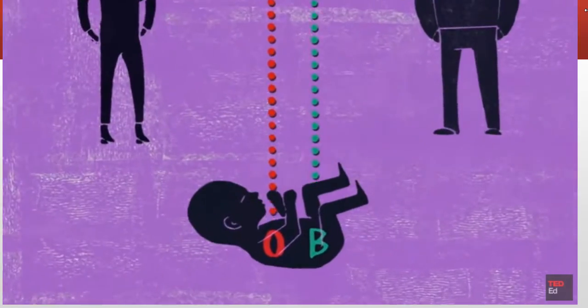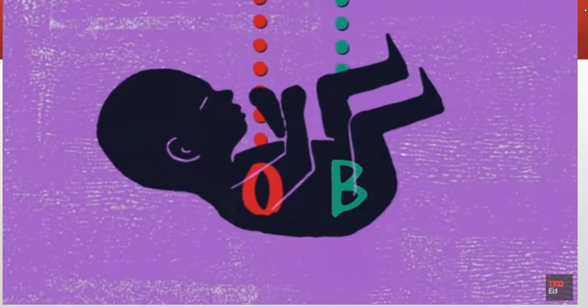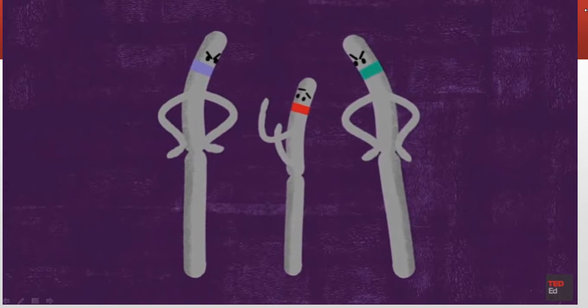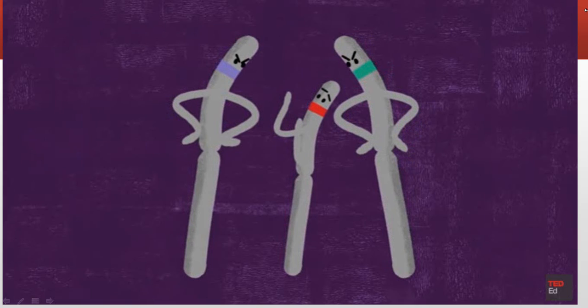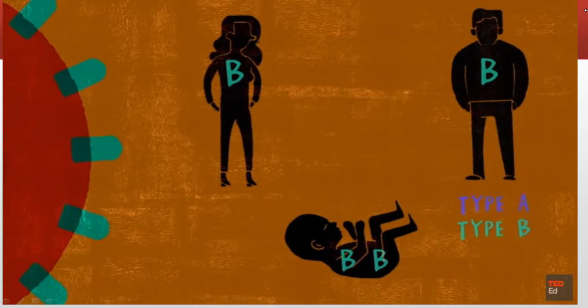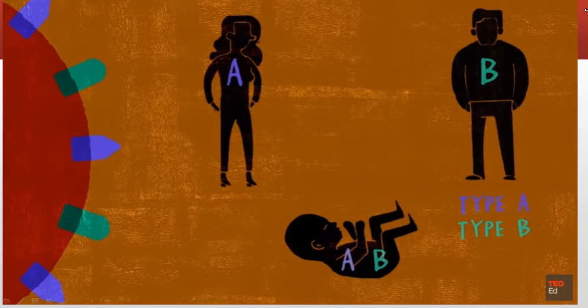When these happen to be different, one overrides the other, depending on their relative dominance. For blood types, the A and B alleles are both dominant, while O is recessive. So A and A gives you type A blood, while B and B gives you type B. If you inherit one of each, the resulting co-dominance will produce both A and B antigens, which is type AB.